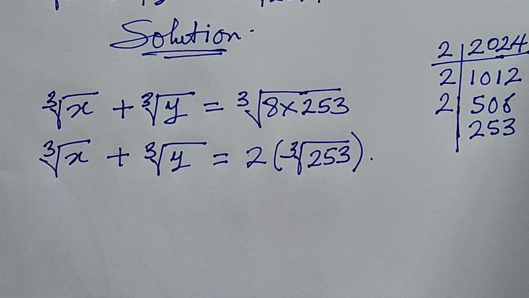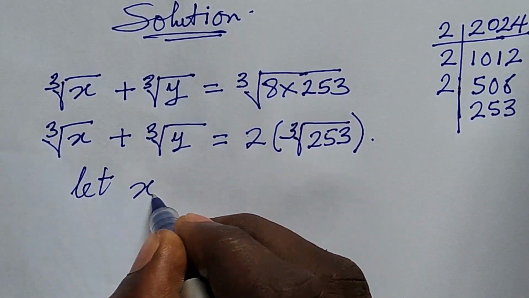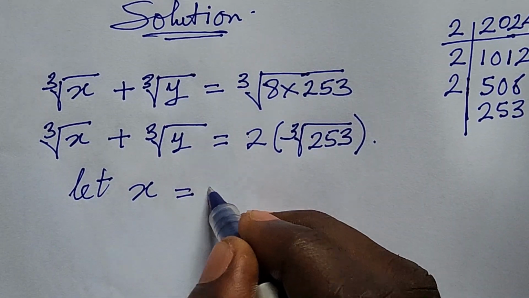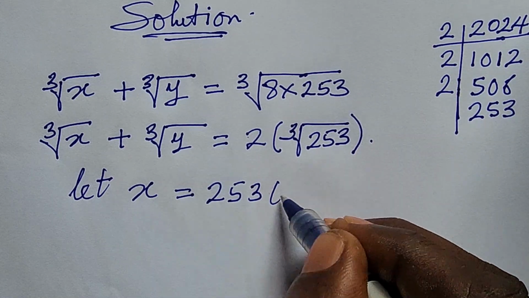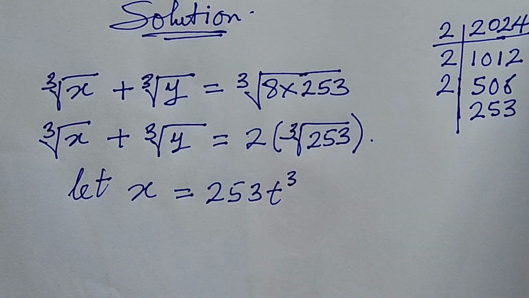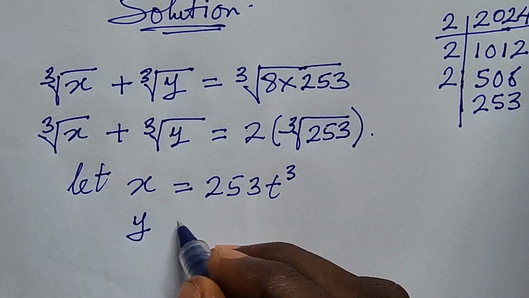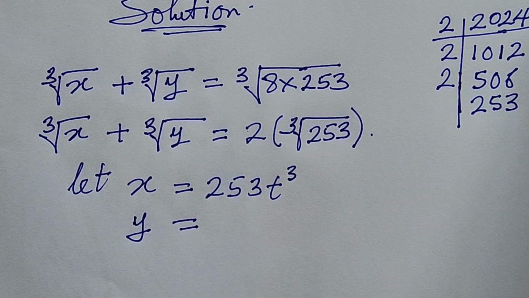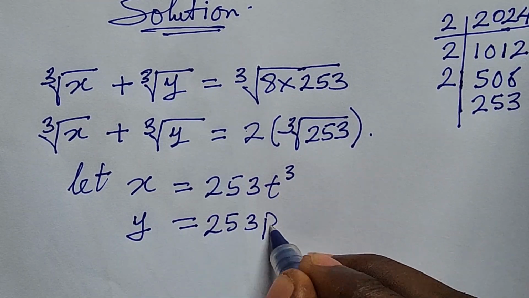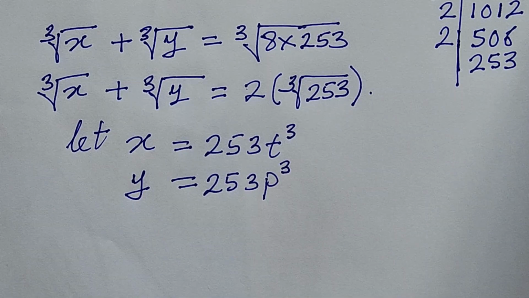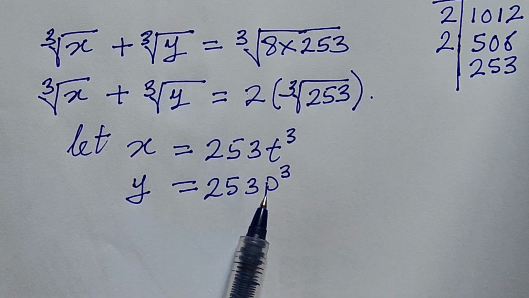So let's say, let x be equal to 253 t to the power of 3. And again, for y, we say let y be equal to 253 p to the power of 3. So wherever we see x, let's put this, and wherever we see y, we put this.